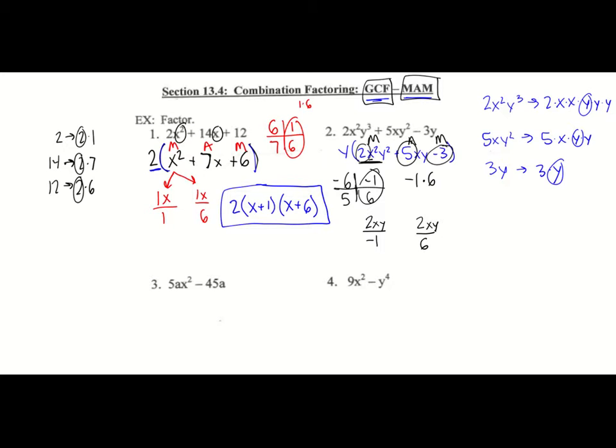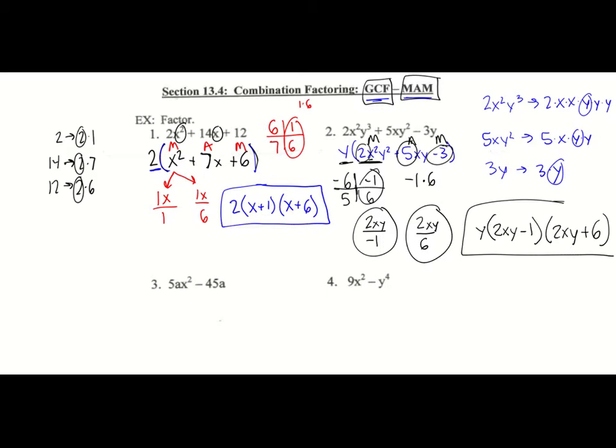Now I'm ready to write my polynomial. So I have my original y out front, and my first binomial is going to be 2xy minus 1, and my second binomial is going to be 2xy plus 6. And I have my answer.